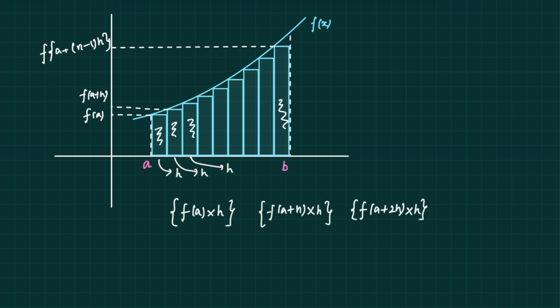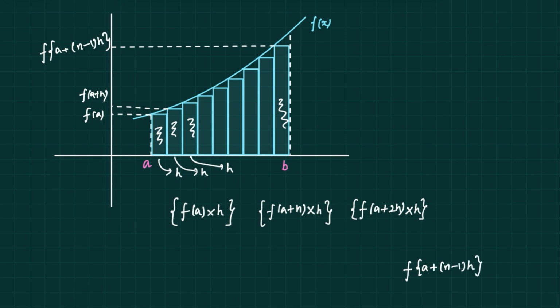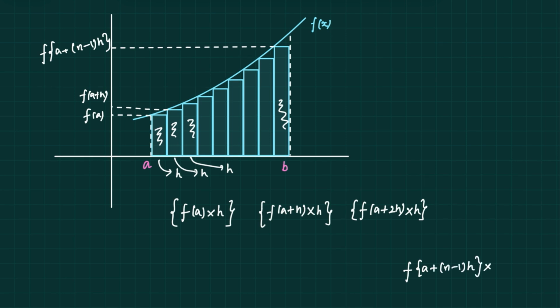So the length for that rectangle will be f of a plus (n minus 1)h into the breadth of the rectangle, h. So in order to find the area under this curve from A to B, we will add all the areas of these n rectangles.